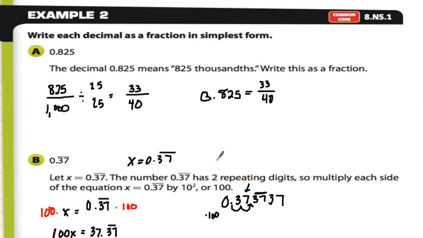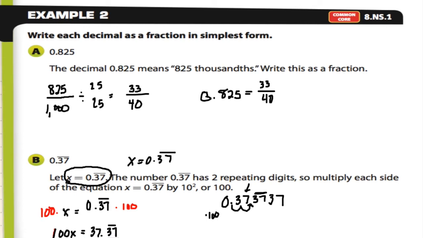So essentially what I'm doing is I'm taking this, since I know that to be true, and I'm subtracting it. So I'm going to subtract x from this side, and since x is equal to 0 and 37 hundredths repeating, I'm going to subtract that from the other side.